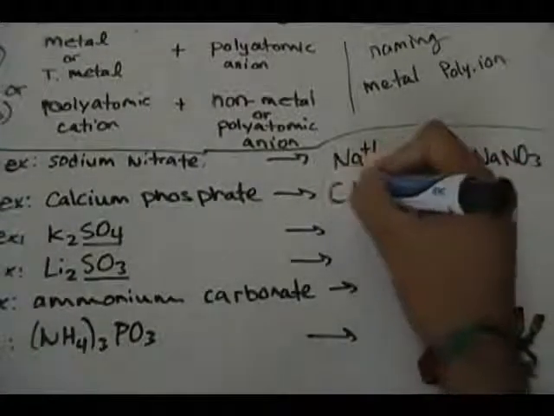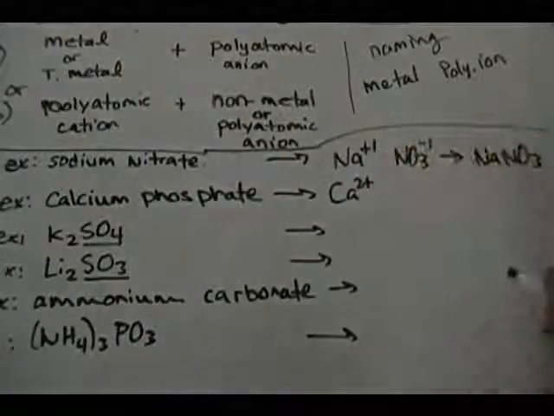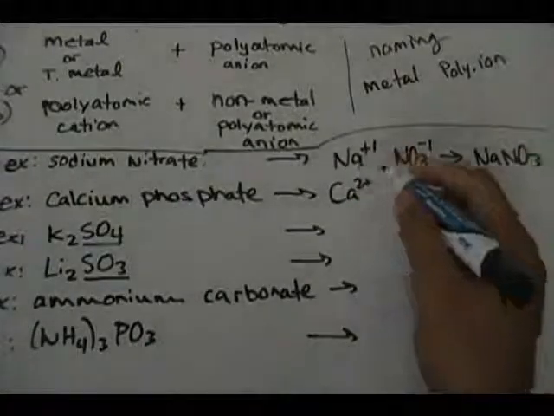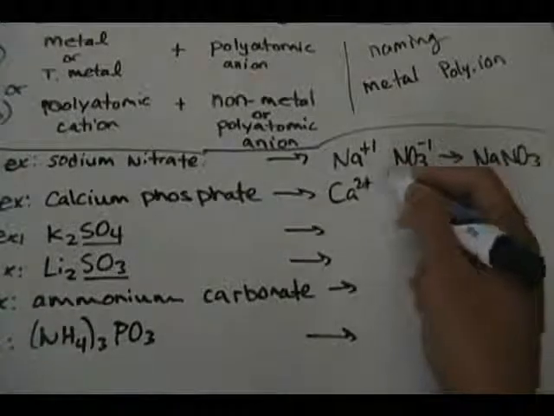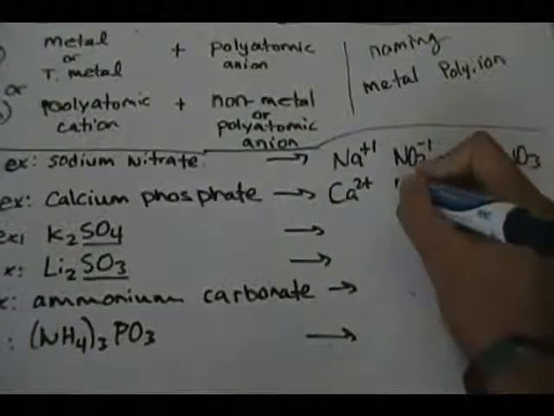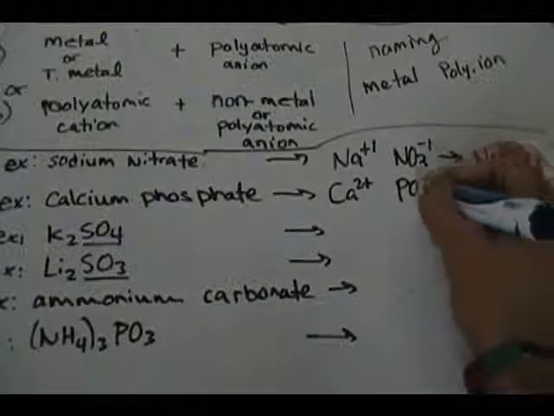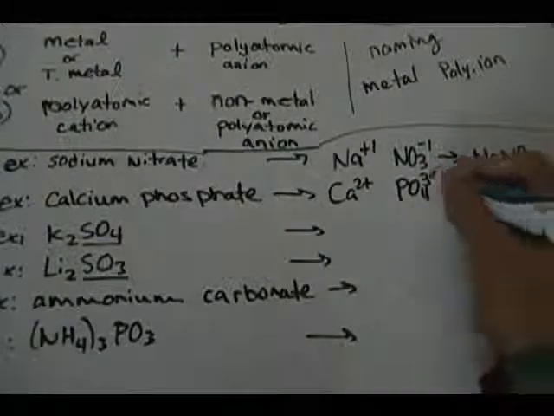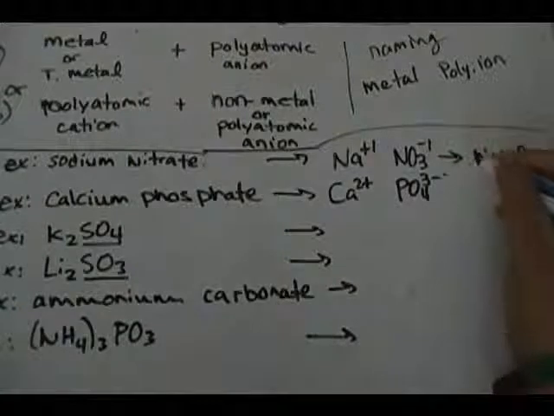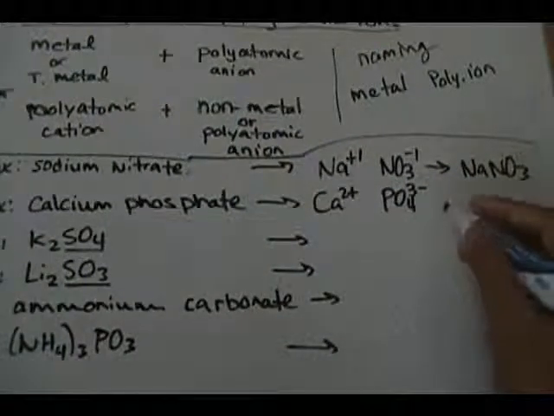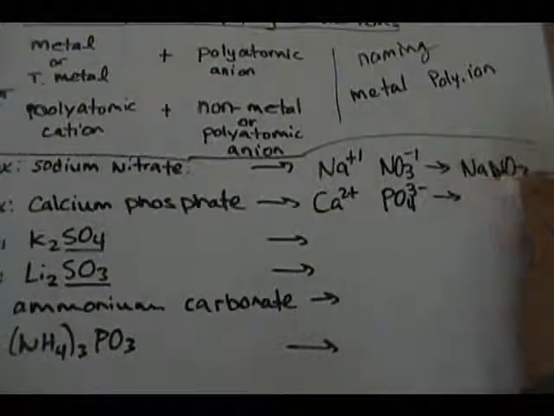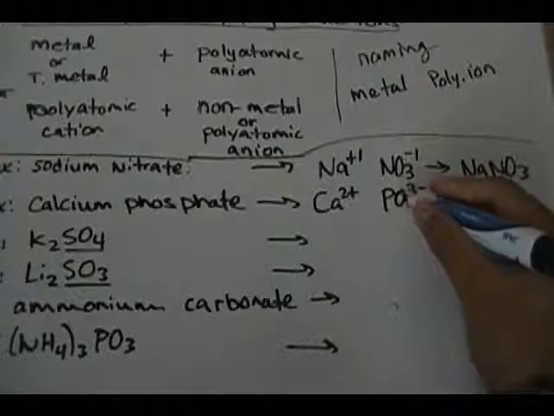Next one, calcium. You just need to know from the periodic table that calcium is a 2+ or +2 charge. I write it either way. Typically I write it as 2+. And then phosphate, you just have to memorize this, guys. Phosphate is PO4 3 minus, or -3. I just like to write the number first for whatever reason. And then the 4 is referring to the oxygen.